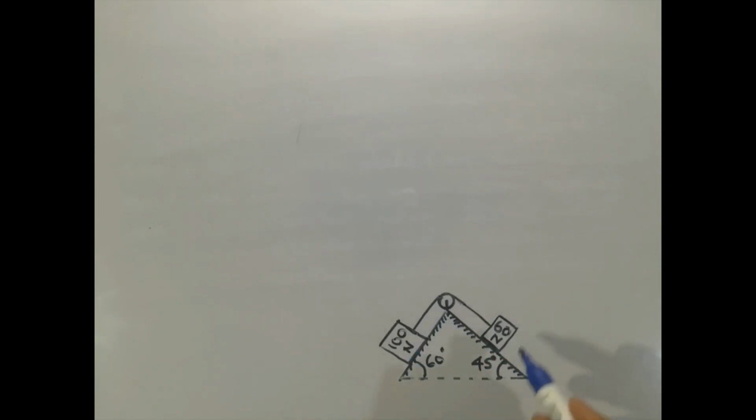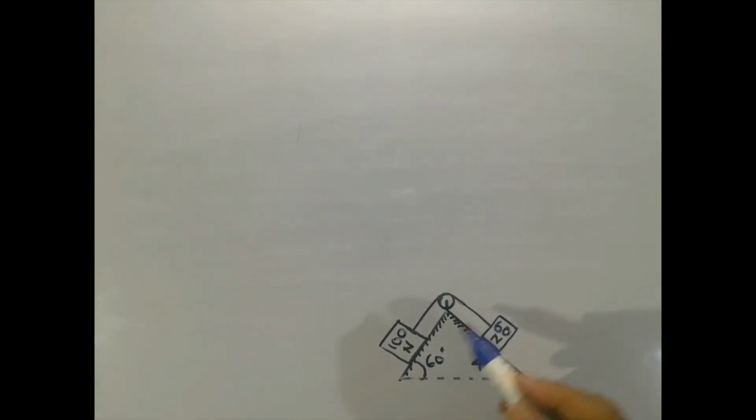So both of these bodies will be moving with the same acceleration, but the only difference is that if this is assumed to be moving downwards along the plane in this direction, definitely the other will move upward along its plane, but the magnitude of the acceleration will be the same for both bodies, because if this moves, say, 5 centimeters, the 60 Newton block will move the same 5 centimeters in the other direction.